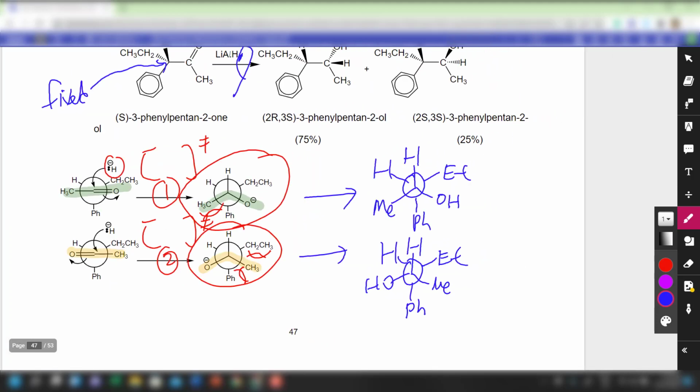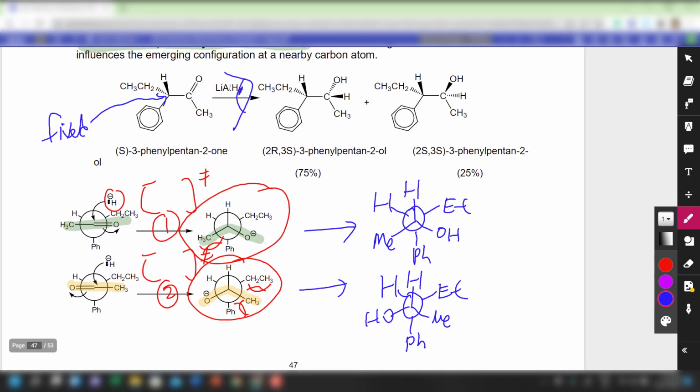If you look at the drawing over here, let's see how I can position it. I think it's not drawn in the best way, because what they are showing here is the eclipsed conformation, which I don't think they should show.